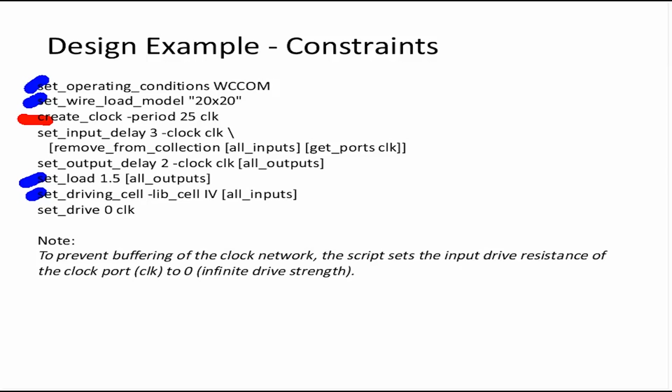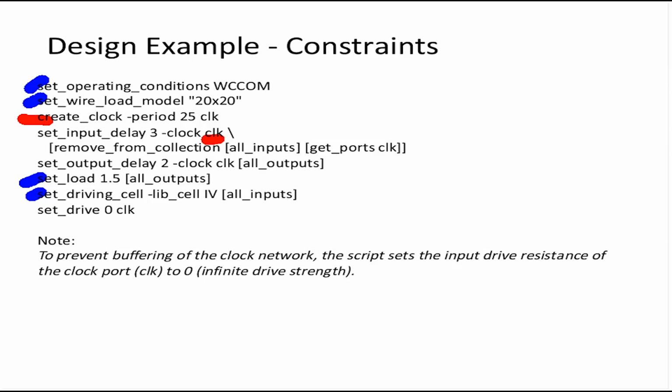Usually it's nanoseconds, so period is 25 nanoseconds. Assuming there's an input port called CLK, a clock CLK is created at that port. We set the input delay to be 3 as written in the specification. Input delay is always with respect to some clock. Here there is only one clock, CLK.